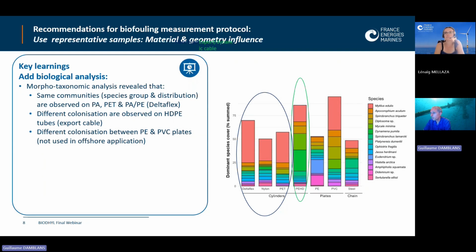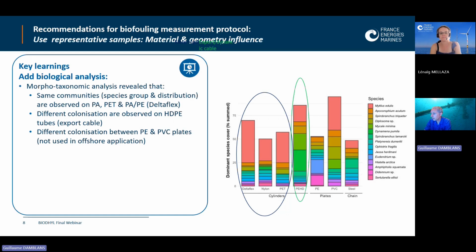And typically, what you can see on the screen is in the blue circle, you have all the different cylinders with different materials, so nylon, polyester, and hybrid. And the HDPE in green circle, and you can see that this is the cover of the dominant species in percentage.